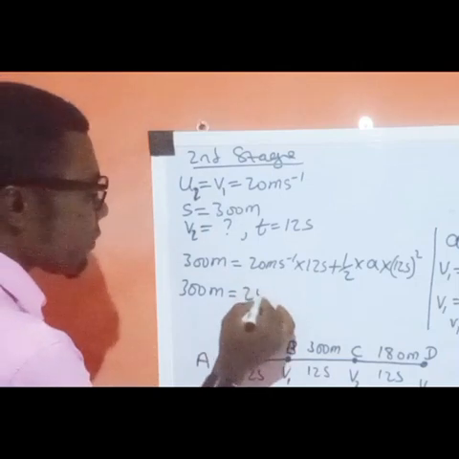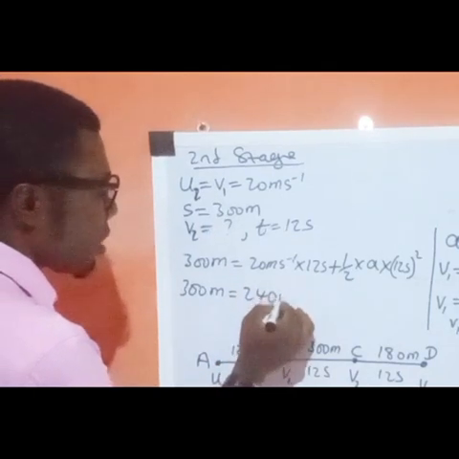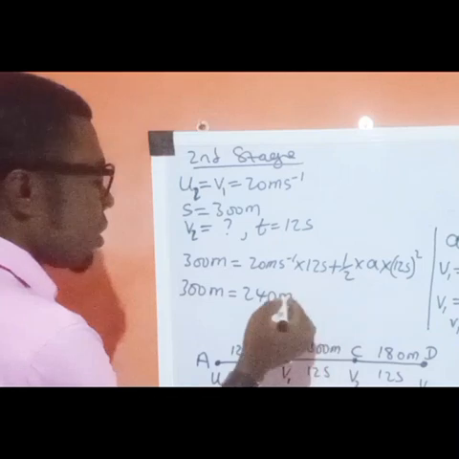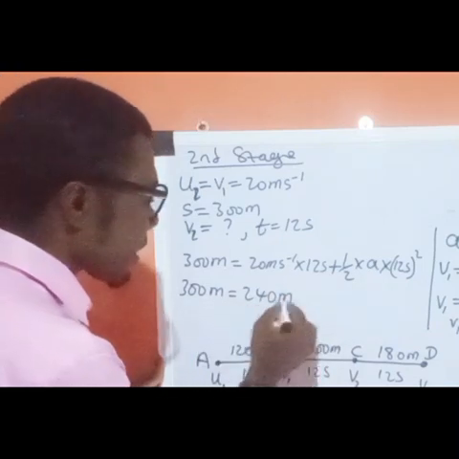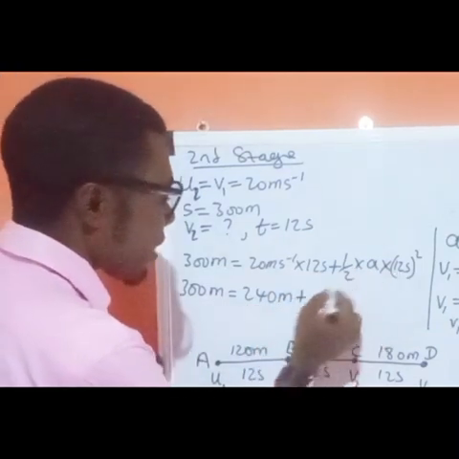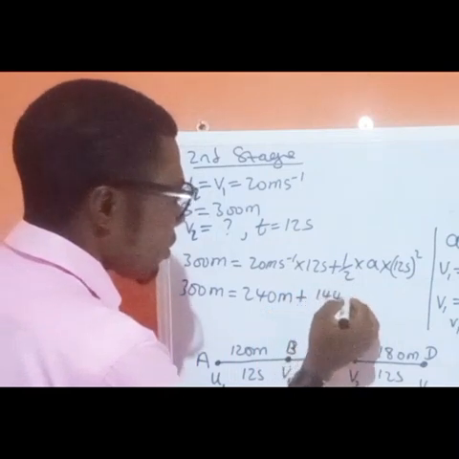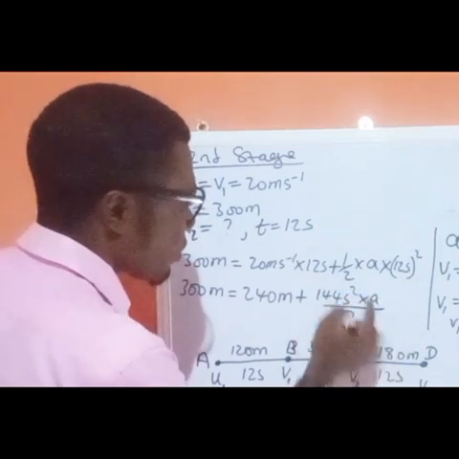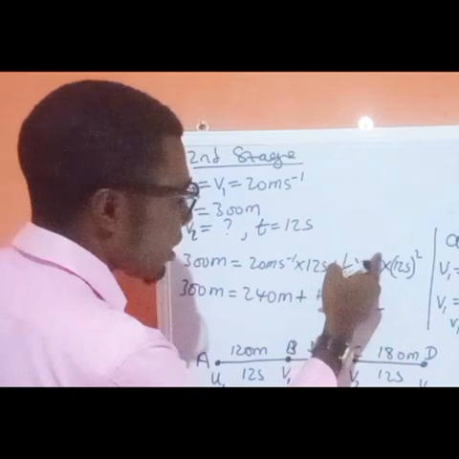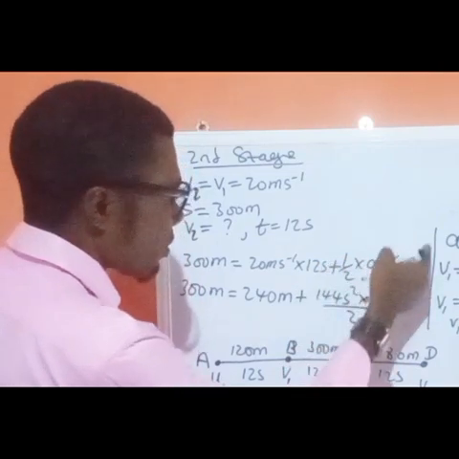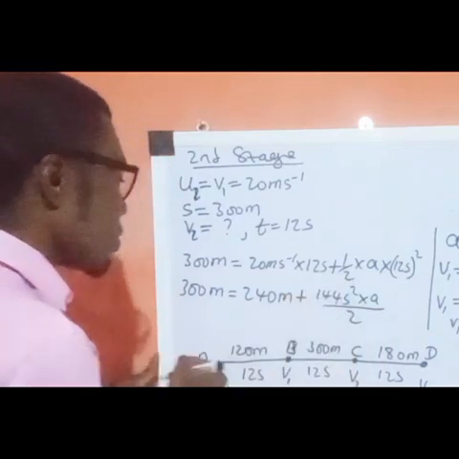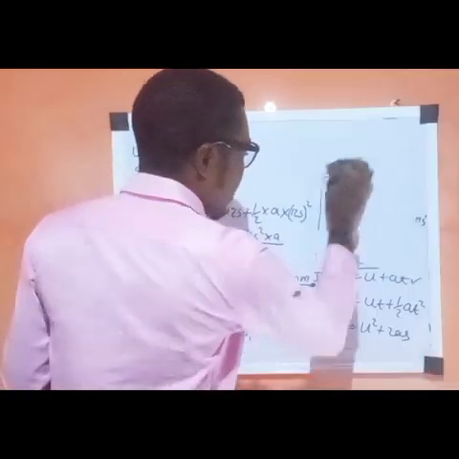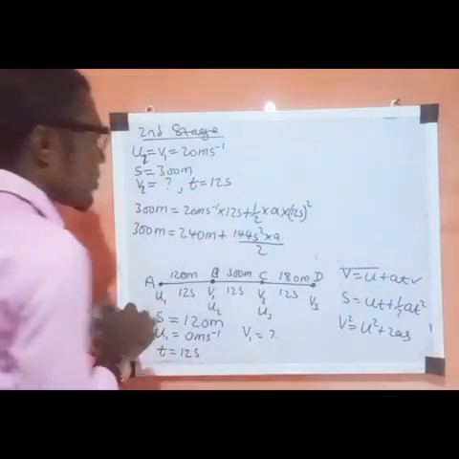We have 240 meters, because per second and second, this is raised to power 1 minus 1 will go. So we have 240 meters plus 12 squared will give us 144 seconds squared times A all over 2. If you simplify this, 1 times A times 12 squared seconds squared, all over 2. Okay, let us manage our space.